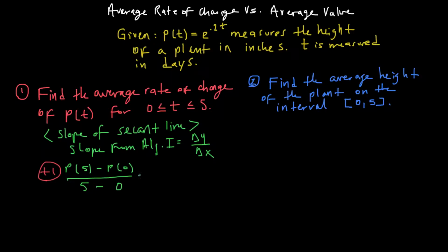And then you would say, well, this is equal to p of 5. Well, plug in a 5, e to the 0.2 times 5. 0.2 times 5 is 1, and so it's just e to the 1, and e to the 1 is just e.